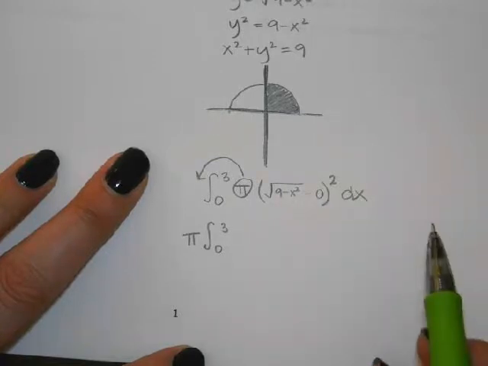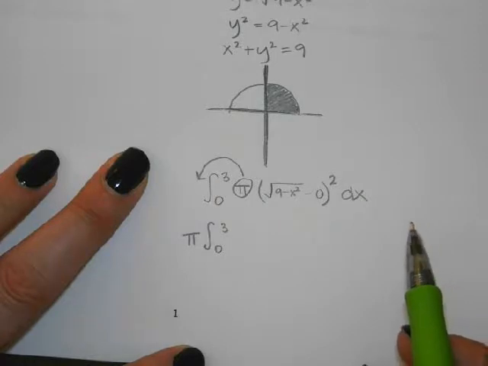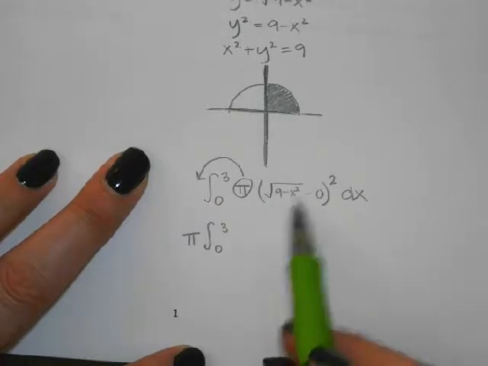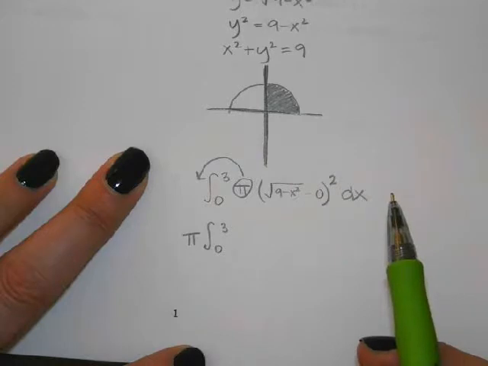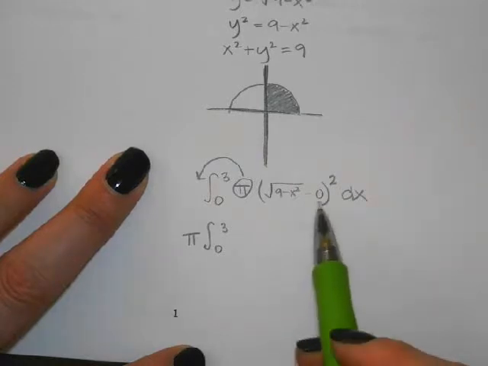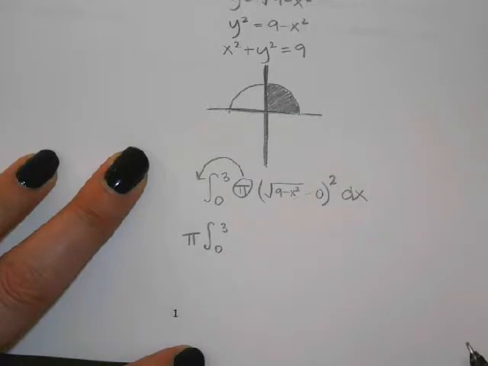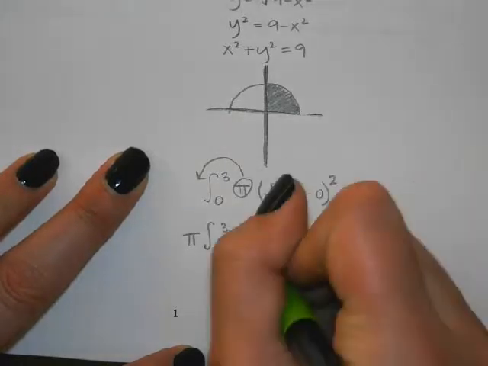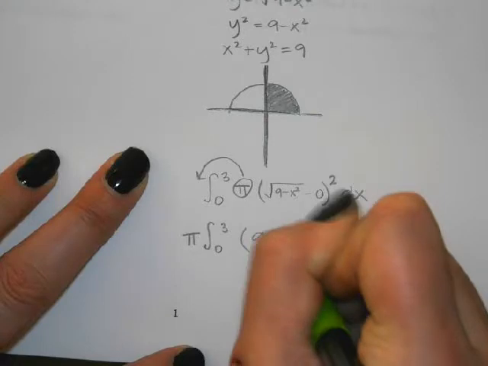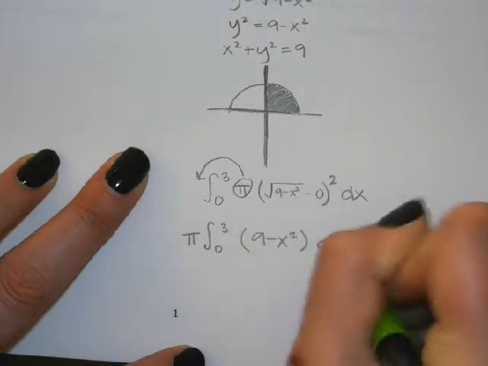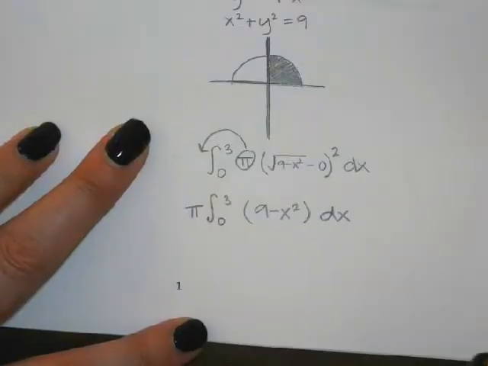You couldn't do u substitution with this problem, because if you chose to use u as 9 minus x squared, the derivative of u is not in the problem. So we can't use u substitution. However, we can square the square root. It actually makes the problem easier to handle. So when we square that square root, we have 9 minus x squared. And what do we have left?